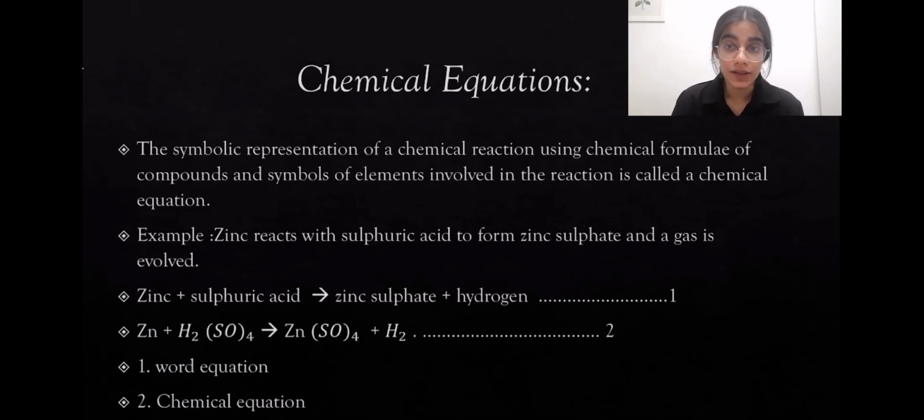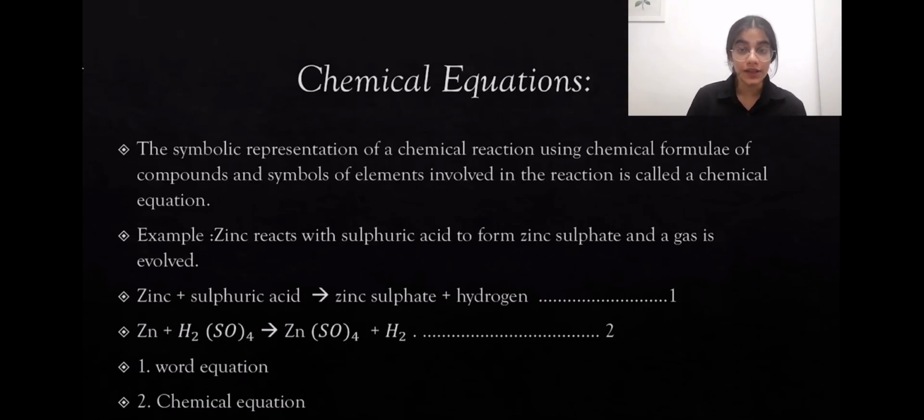For example, if I say zinc reacts with sulfuric acid to form zinc sulfate and a gas is evolved, we can write this equation in two manners. One, we can express it in the form of words. For example, zinc plus sulfuric acid, arrowhead, leads to the formation of zinc sulfate plus hydrogen.